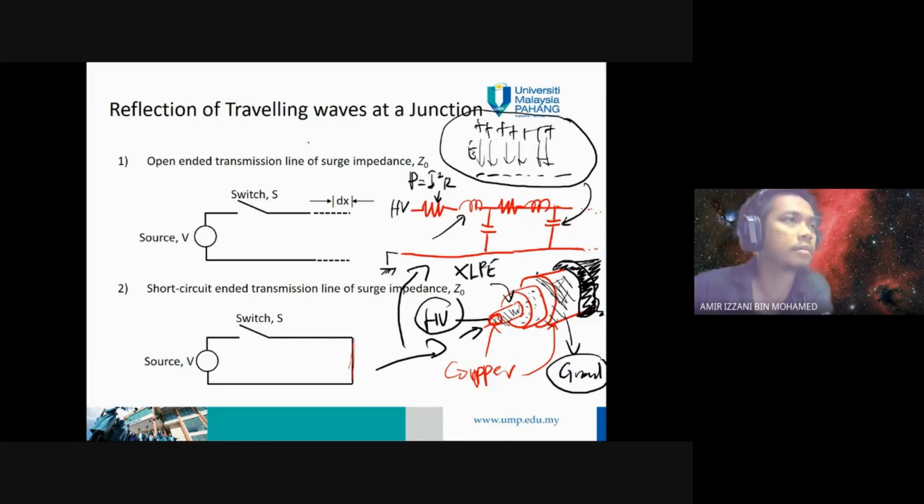There is no resistor like this or a coil like this in the transmission line. So it's a continuous component. That's why we take dx, which is a small portion of this transmission line.